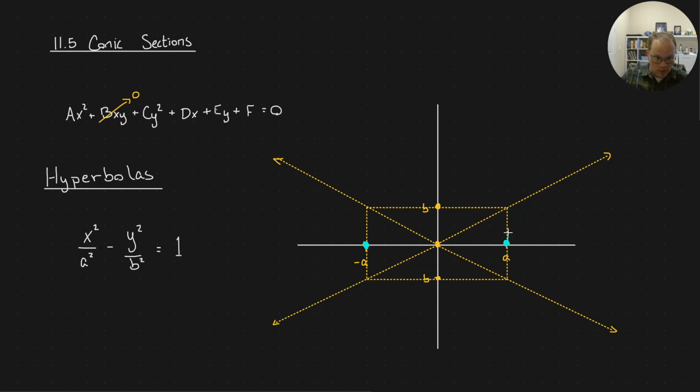We're going to have one shape opening this way in the x direction, since the x is positive, and approach those asymptotes. And then same thing opening in the other direction, in the negative x direction.